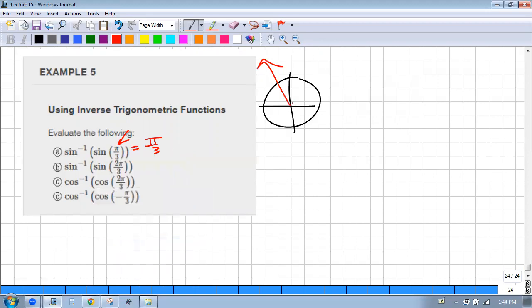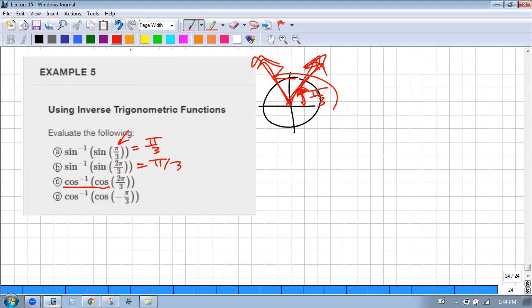But it turns out that sine of pi over 3 happens to be the same as sine of 2 pi over 3, because of symmetry. So instead of getting 2 pi over 3, it's going to give us pi over 3. These two angles are related because sine of either one of them is equal, but you're not going to get your original number back.